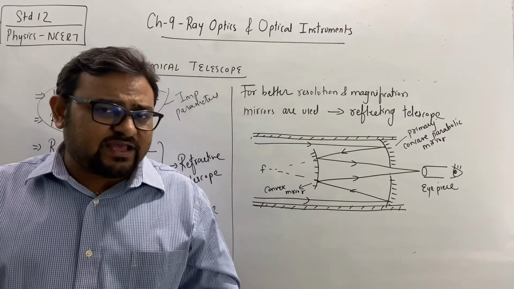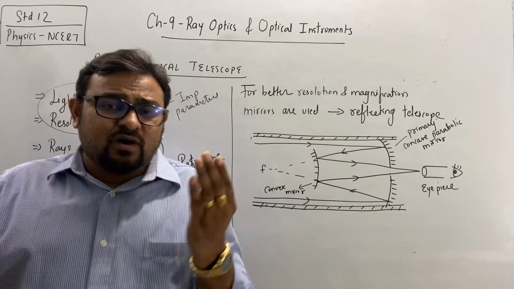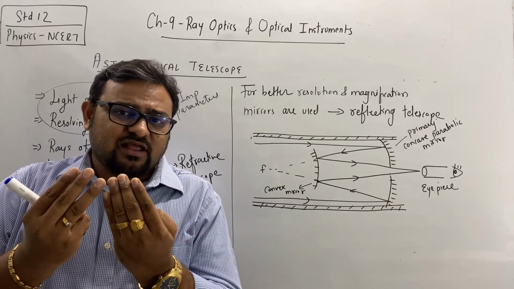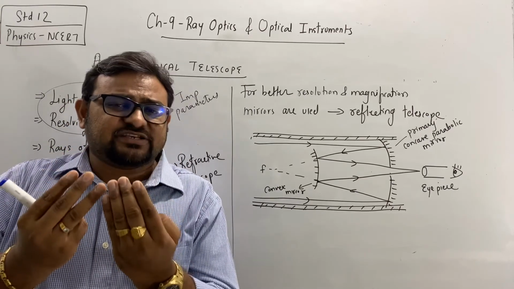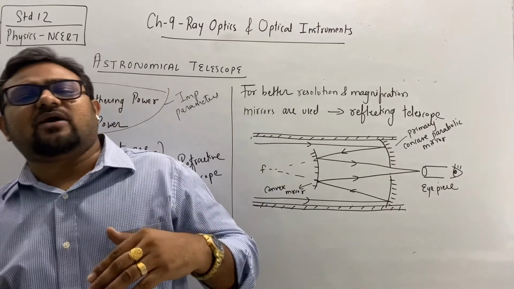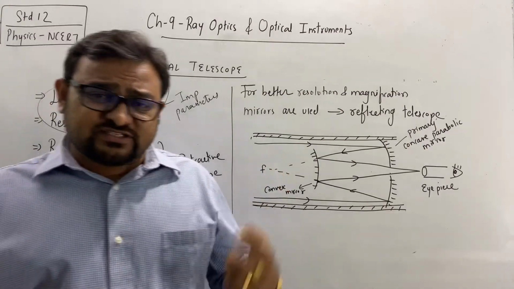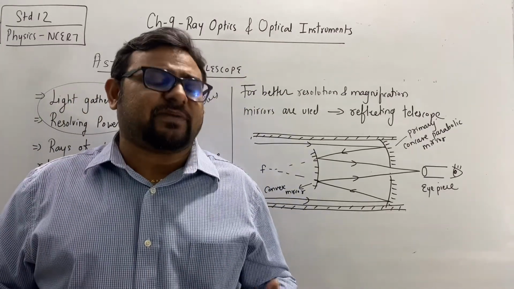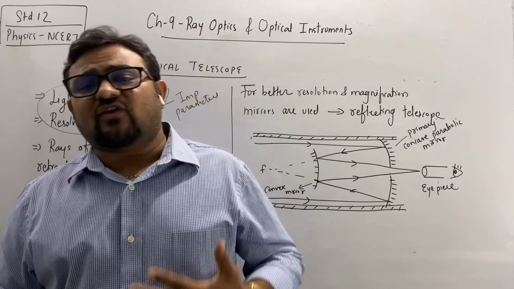If the images of both objects merge with each other, let's say the boundaries of both images merge, then we will say that its resolving power is less. But if two distinct objects are clearly seen separated, then that is of higher resolution.